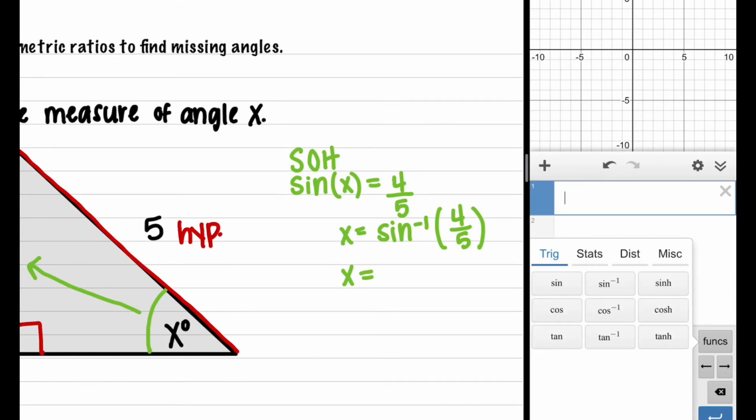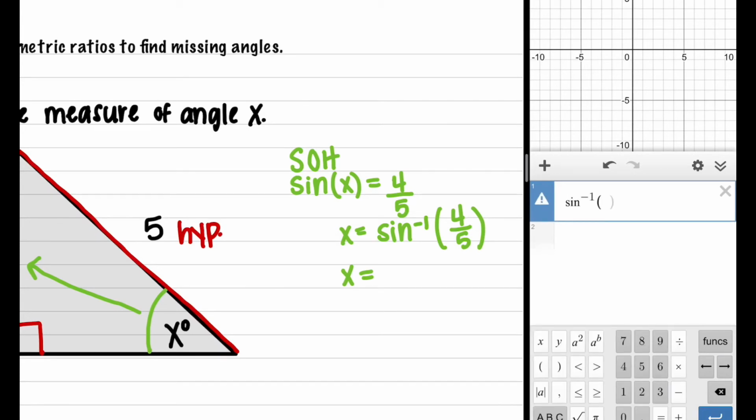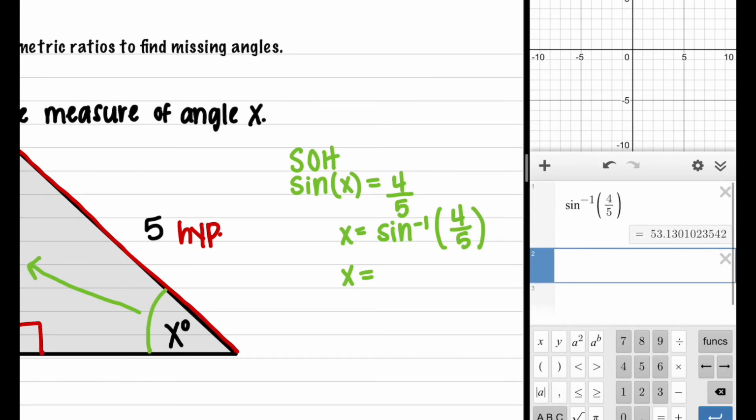I'm going to go to functions, and you see where it says sine -1 or sine inverse, and then type in 4 divided by 5 within the parentheses. So here we have our decimal number. Remember how last time I showed you how you can toggle between radians and degrees? Notice this says x degrees.